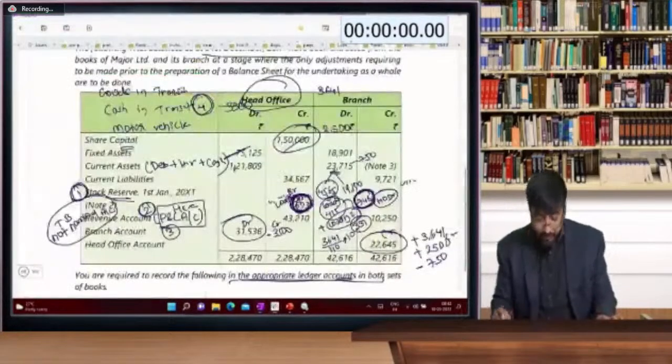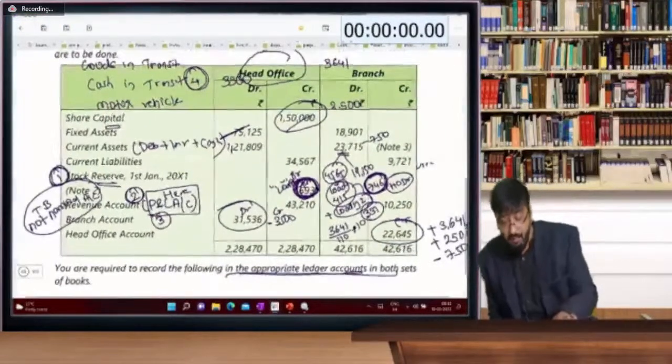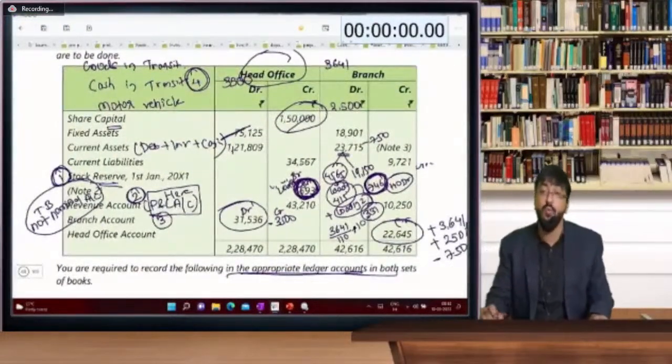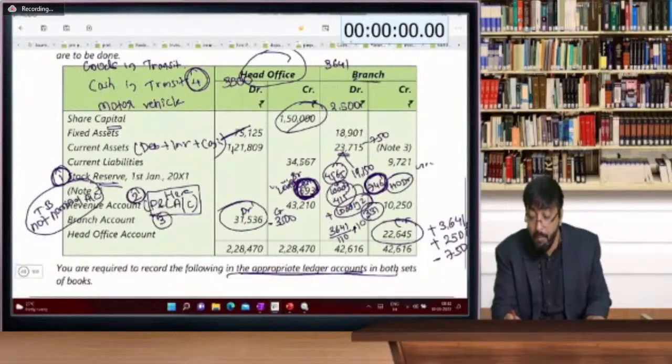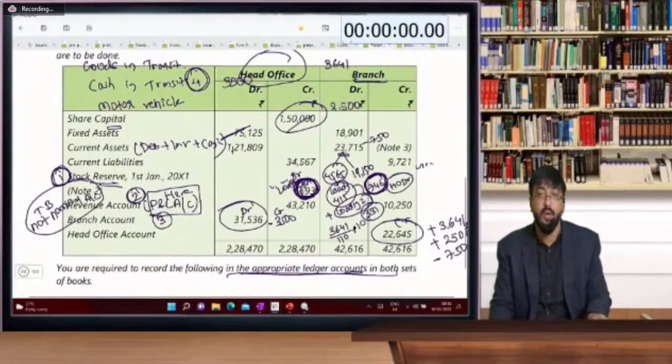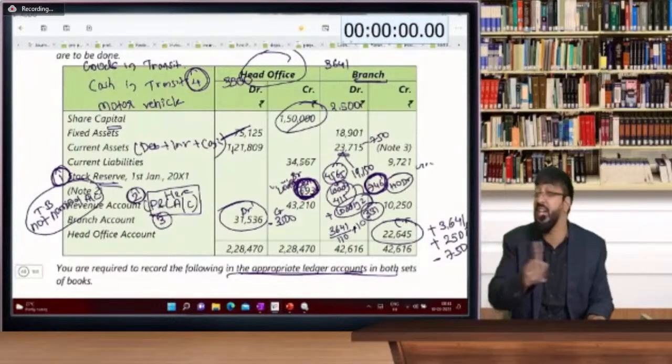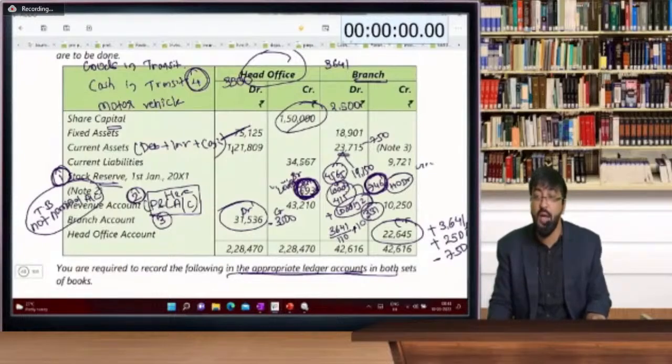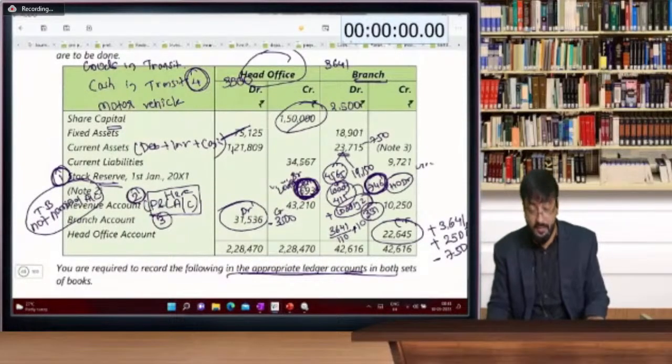Yes, beta. Now you tell me which accounts are to be opened in the books of branch. How many accounts are you going to open in branch accounts? You will open those ledger accounts which are getting changes. So the accounts in which there is a change, only those we will open. So in which is there a change? For the last 45 minutes I am giving you the explanation of trial balance.